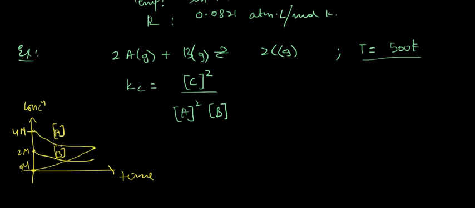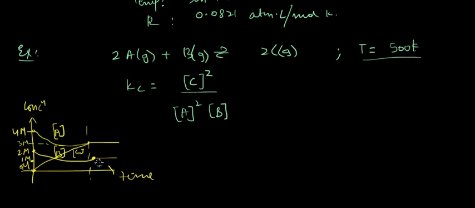This is concentration of C, and concentration of B after time converges to 1M. So this is the equilibrium state.